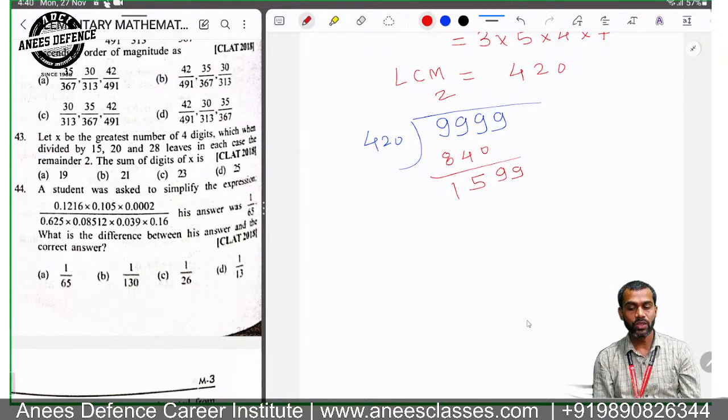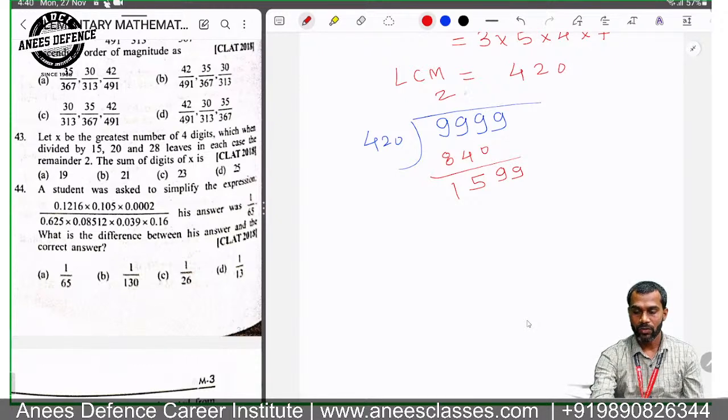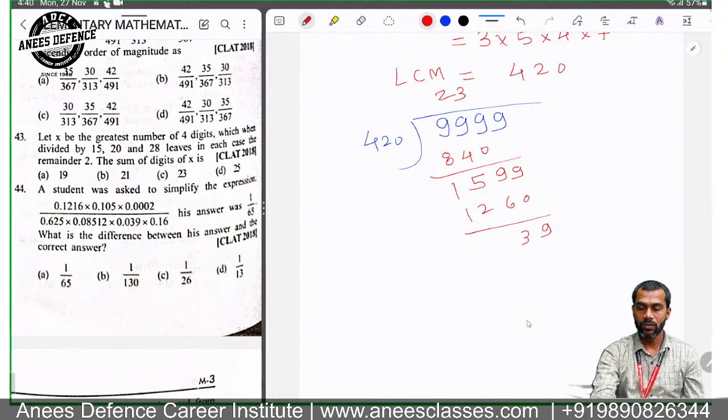Now 4 fours are 16, so we have to go 3 times. This is 60 and this is 12. 9 minus 6 is 3. And this is 5. 5 minus 2 is 3. So 339.